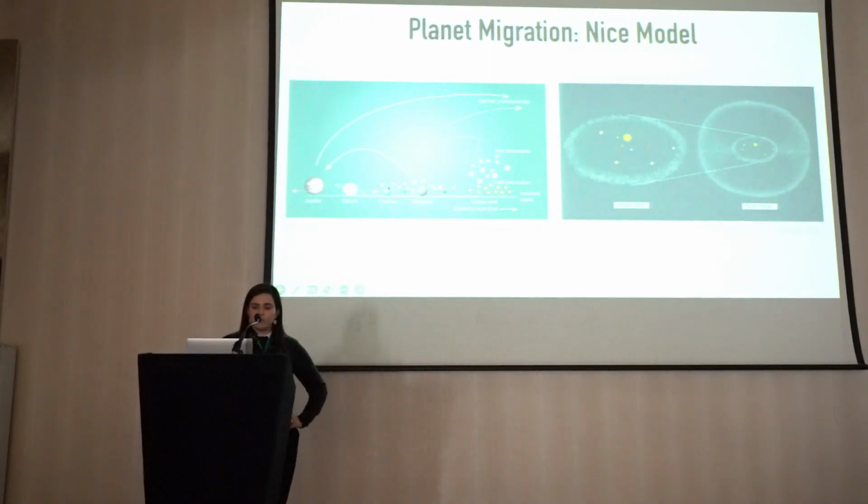It led to the migration of the giant planets outwards, except for Jupiter, and structured the solar system in ways that we can very well see, especially in the outer solar system. So the simplest thing that happened is that there was this red population, so these are the so-called cold classical Kuiper belt objects.